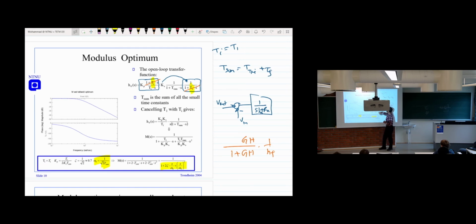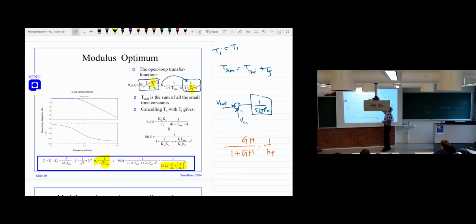Sometimes you will find the process part is only an integrator, 1 over S. For example, if you want to control the speed of the machine, instead of 1 plus T1S, it will be only T1S. So this means you have one integrator here and then another integrator there.